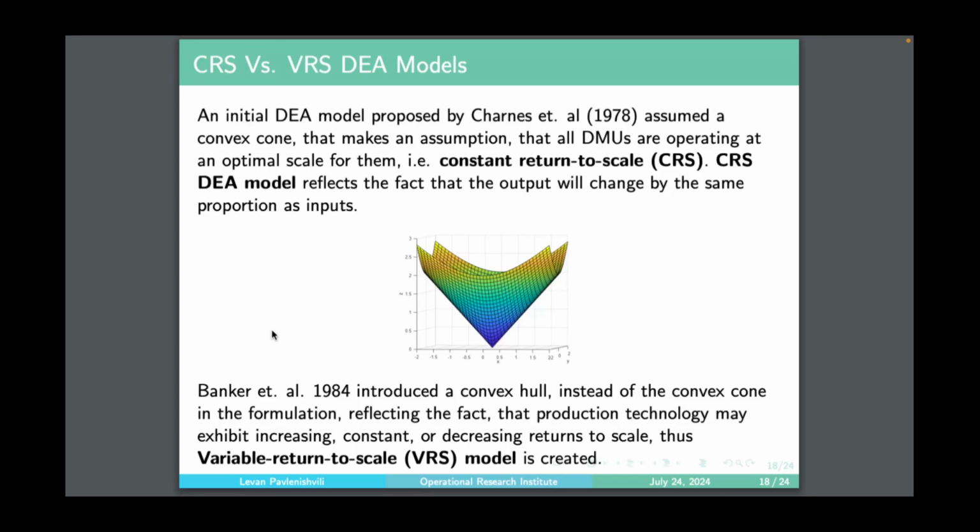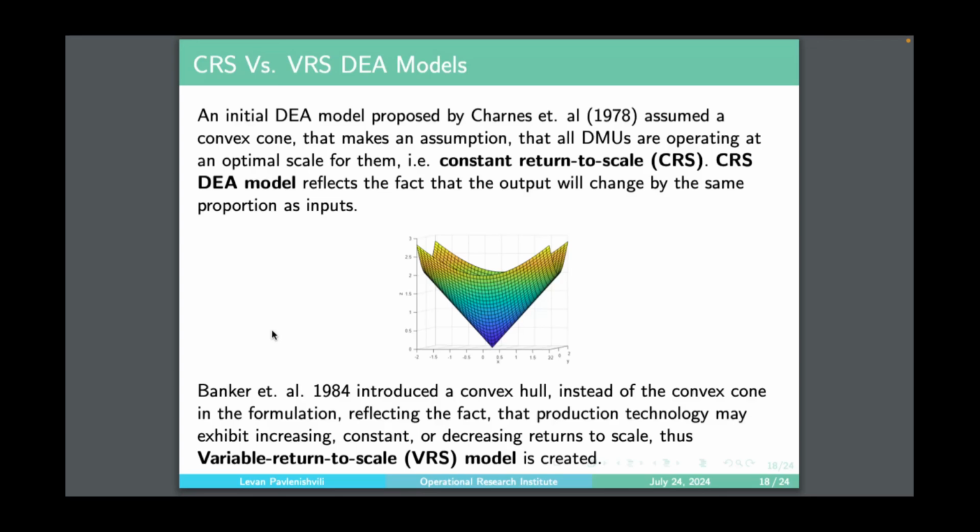The way they did it, they added a convex hull, meaning that they sort of cut this plane here, the solution plane, and try to find an area which consists of optimal solutions, and then find the best solution among those.